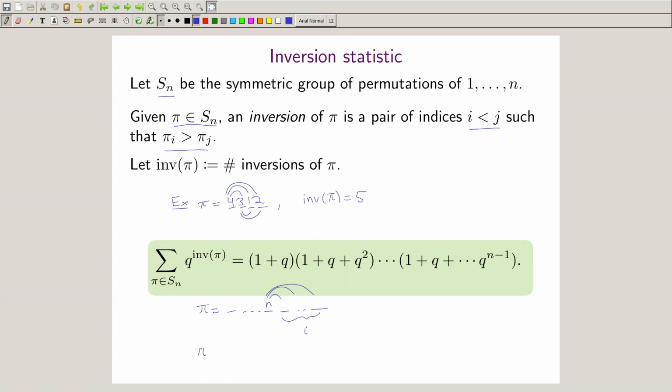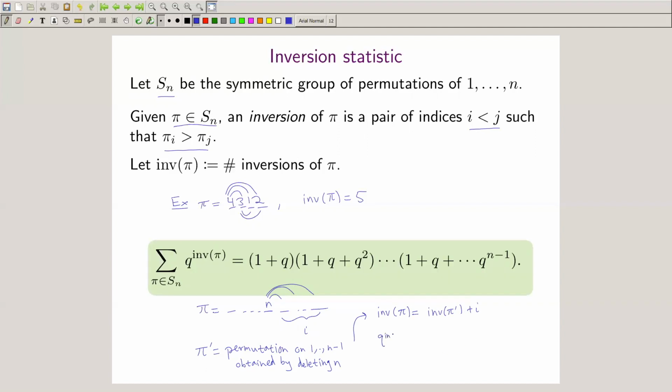So if you let pi prime be the permutation on the letters 1 through n minus 1 obtained by deleting n, then the number of inversions of pi is just the number of inversions of pi prime plus i.